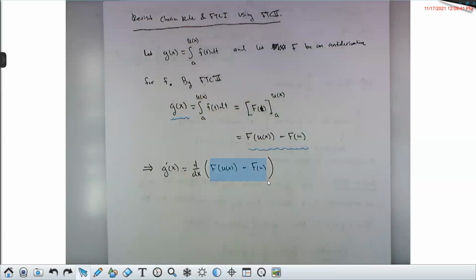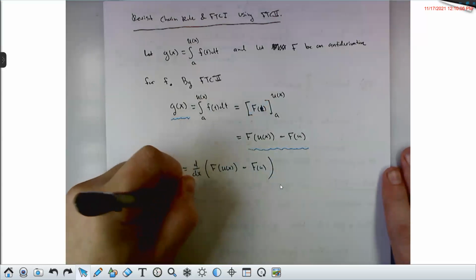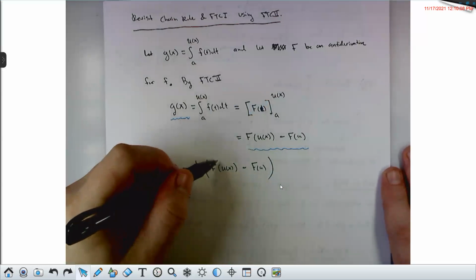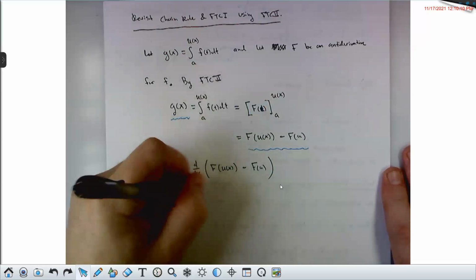So now if I differentiate this with the normal chain rule, what does the normal chain rule say? Well, you differentiate the outer function, leaving the inside alone.